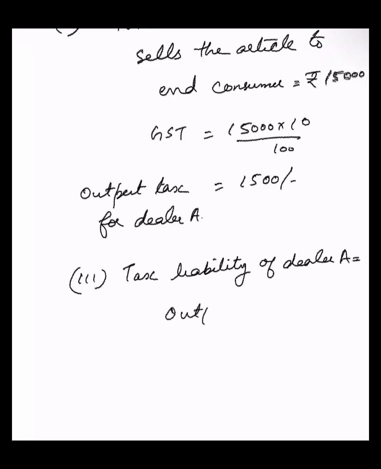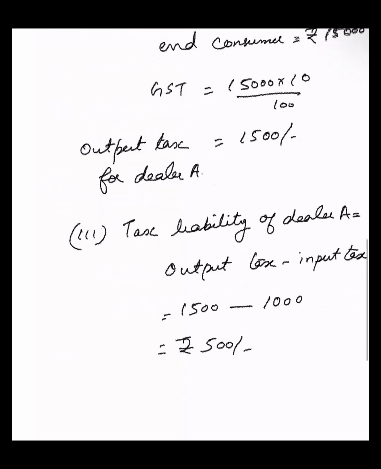It is the output tax minus input tax. That's the formula. Output tax is 1,500 minus the input tax, which was 1,000 rupees. So the answer is 500 rupees. So dealer A has to pay 500 rupees at his locality income tax office. Okay, so he has to pay 500 rupees.